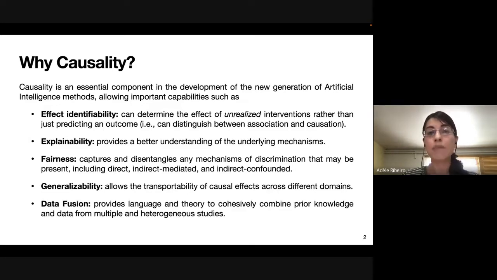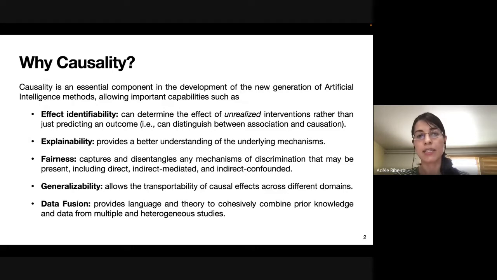And finally, data fusion. By data fusion, I mean when we have different experiments or different observational studies, different data sets, and you want to combine them to get a summary result about some phenomenon.